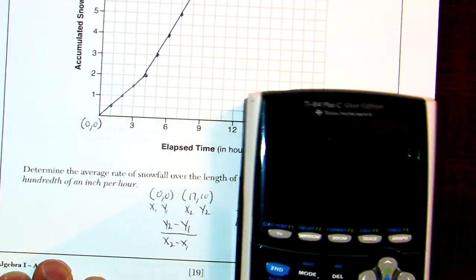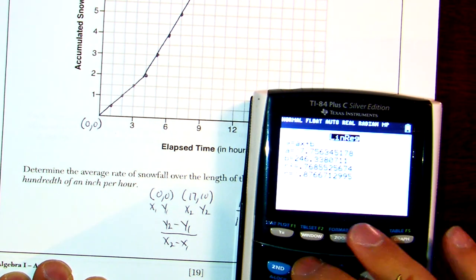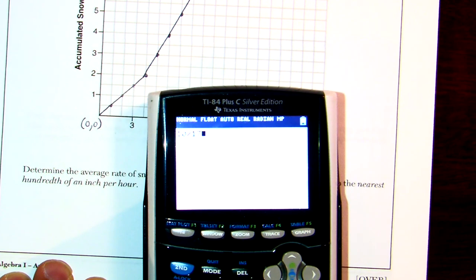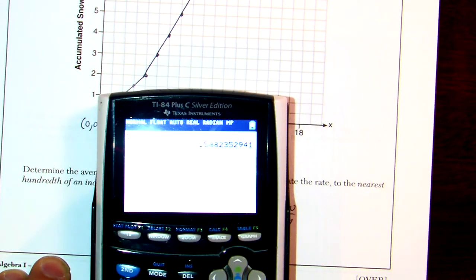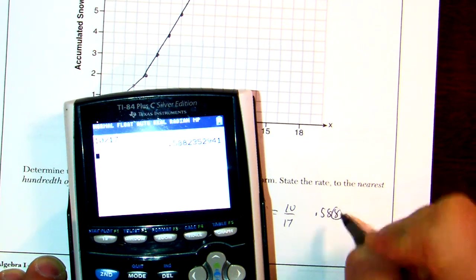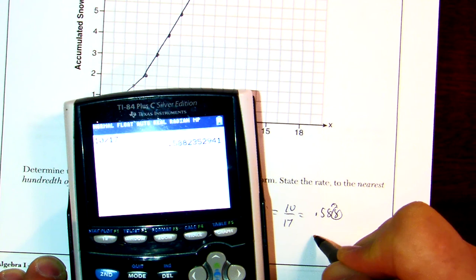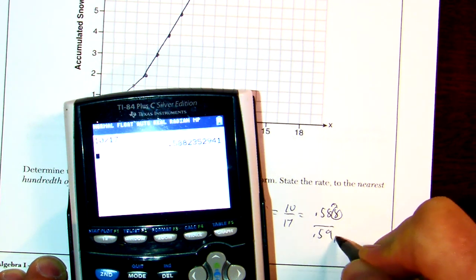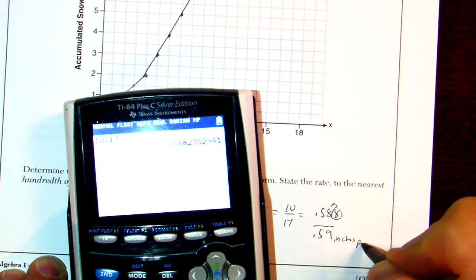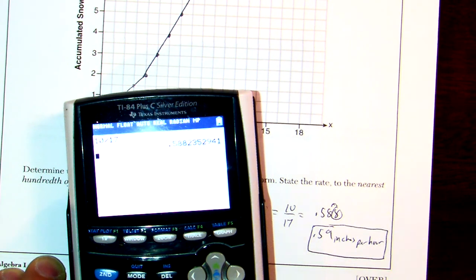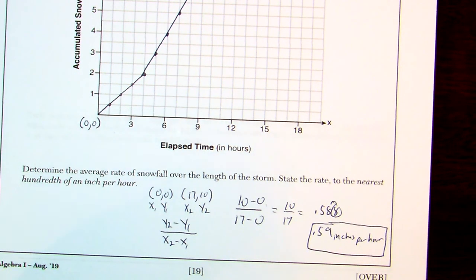So in the calculator, 10 divided by 17, and I get 0.588. It says round to the nearest hundredth. So that's 0.59 inches per hour. Okay, make sure you label inches per hour there. Alright.